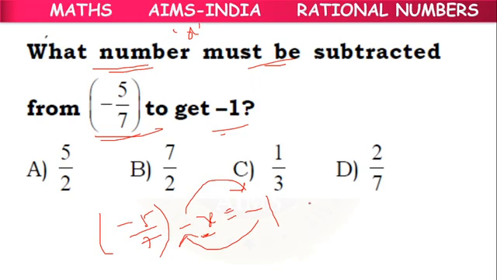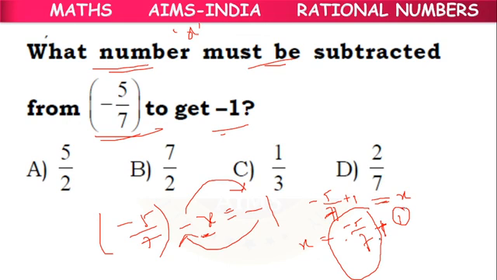Left hand side, what can we write? Minus 5 by 7 plus 1 equal to x. Or x equal to minus 5 by 7 plus 1. When we have one rational number and one integer, what can we do?